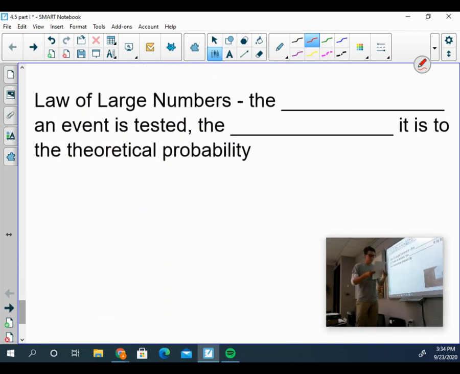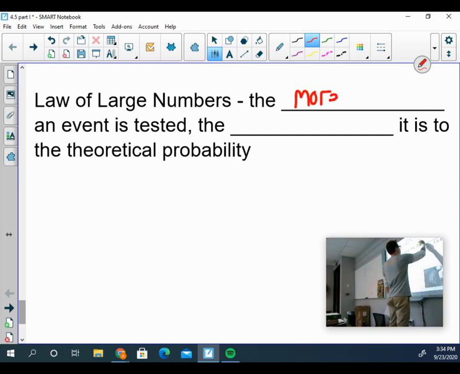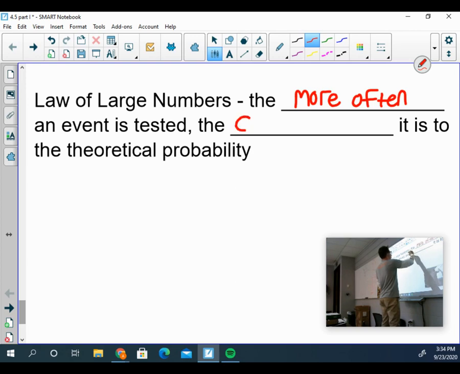large numbers. The law of large numbers says the more often an event is tested, the closer it is to the theoretical probability.